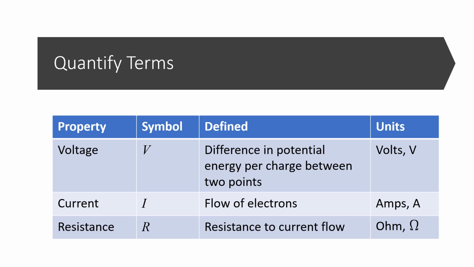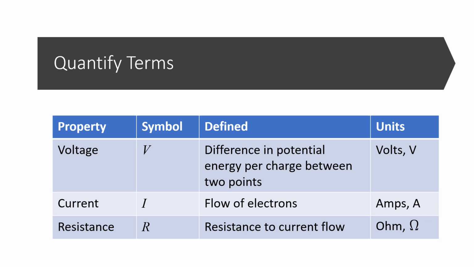So we're going to actually introduce three terms: voltage, current, and resistance. And these are the symbols V, I, and R that are used to represent those three properties. Voltage is the difference in potential energy per charge between 2 points, like between the 2 points in our battery. The units are volts, and the symbol V is used to represent volts.